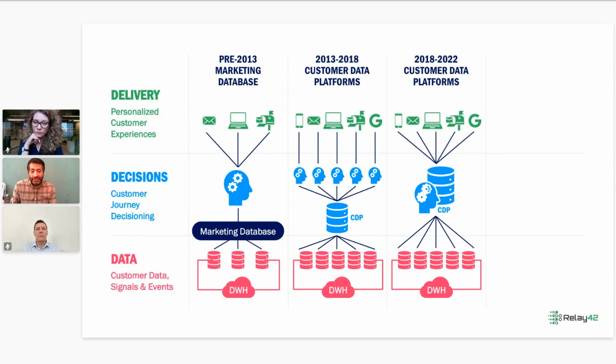So unified data, unified decisions, and therefore unified customer experience was the goal. Although 2013 to 2018 is very much about the data, 2018 to 2022 is way more about coordinating that customer experience and that customer journey.